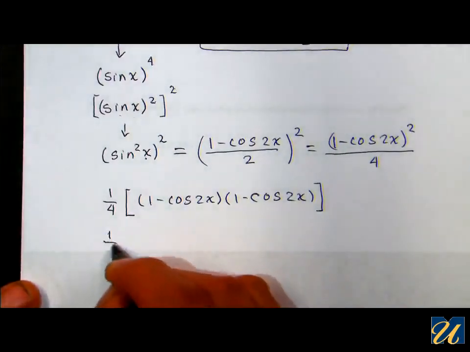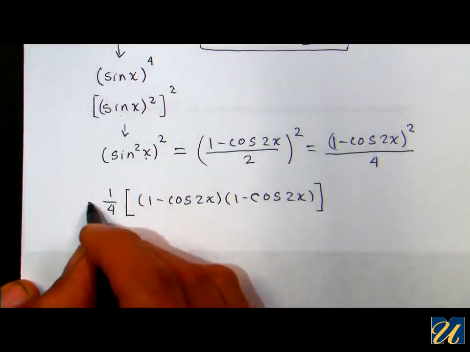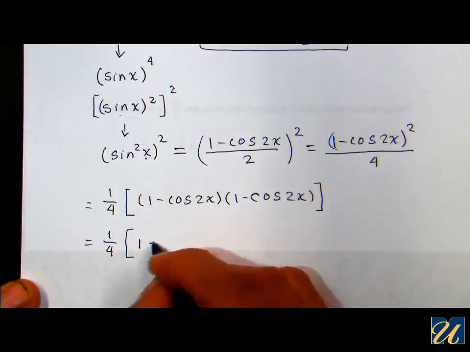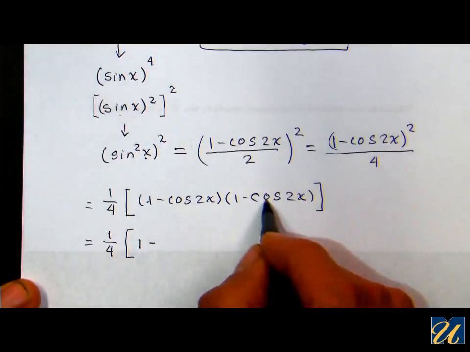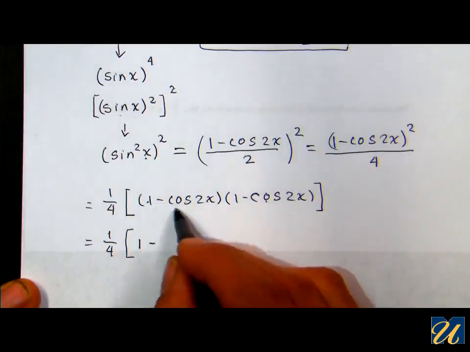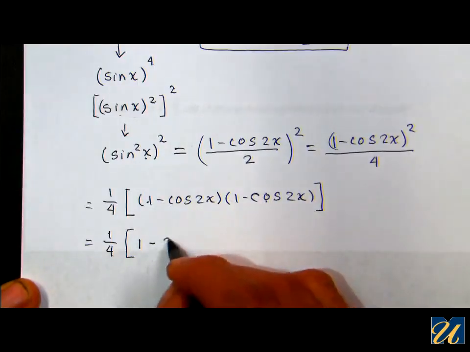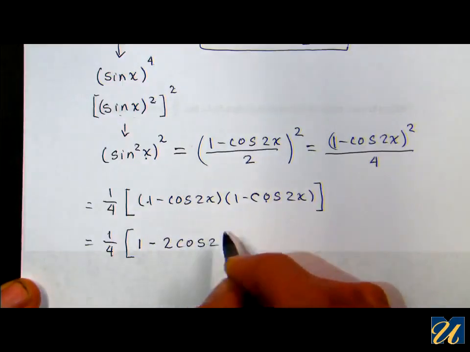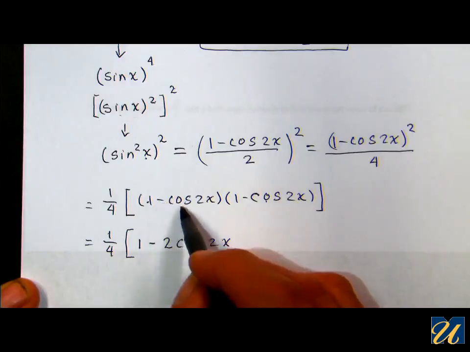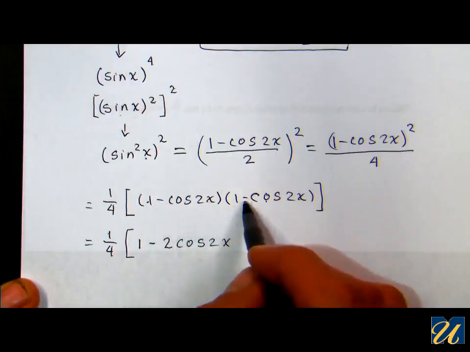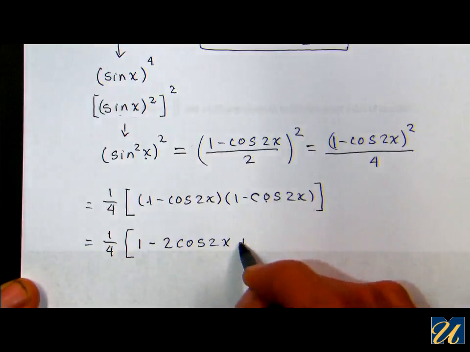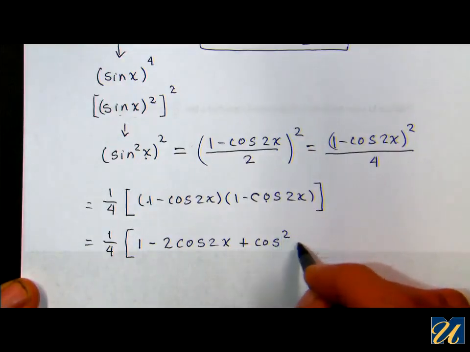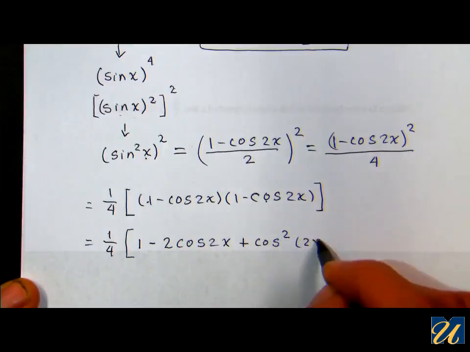So this is 1/4 times 1 times 1 minus cosine 2x, and another minus cos 2x makes minus 2 cosine 2x. And then careful here, negative cosine 2x times negative cosine 2x is plus the cosine square of 2x.